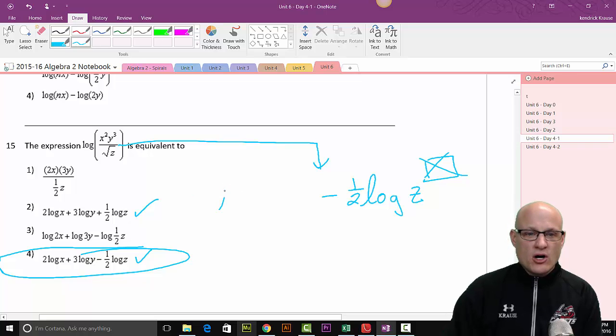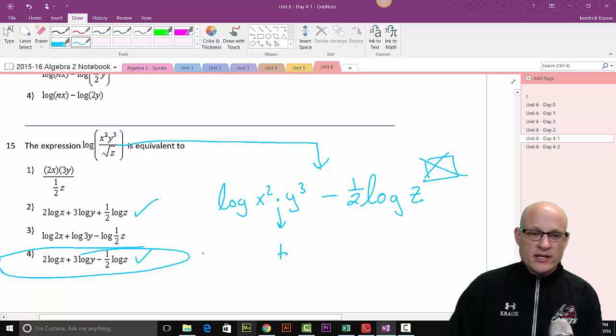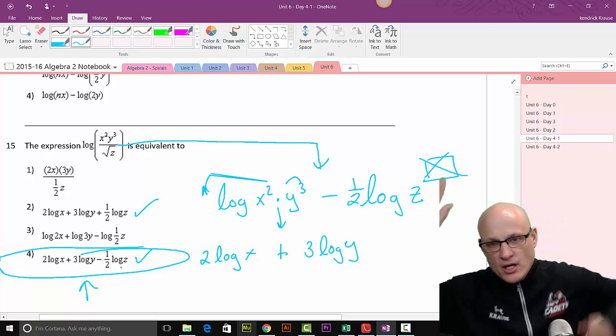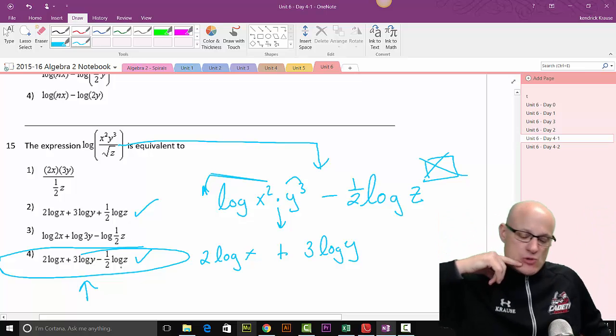So now it's log of x squared times y cubed. This turns into addition, and this gives me 2 log x, remember the 2 goes out front, plus 3 log y, remember that 3 goes out front too, and that's this problem. But that's it, kids, that's all she wrote.